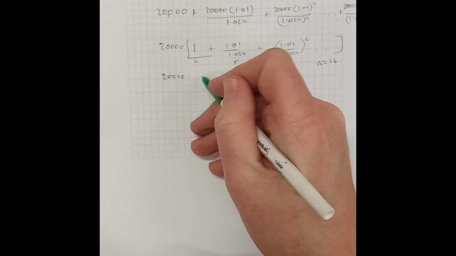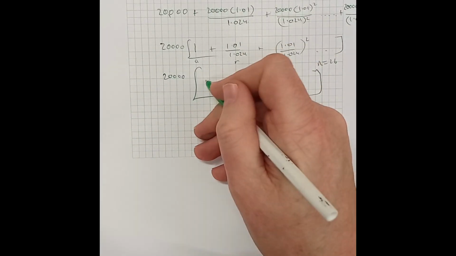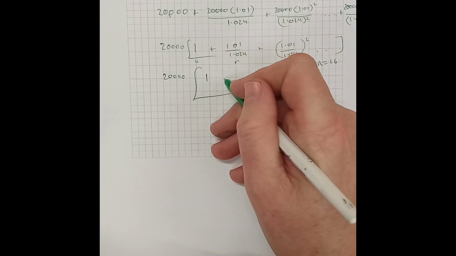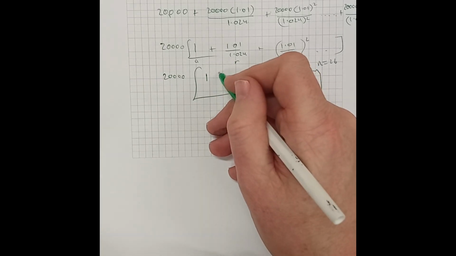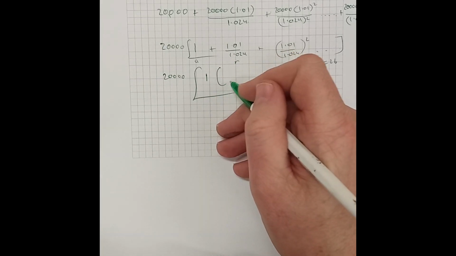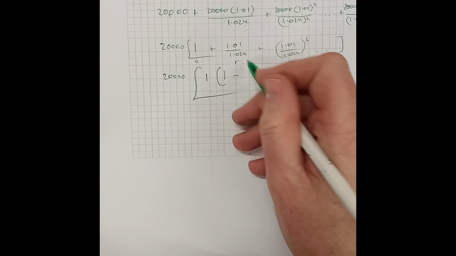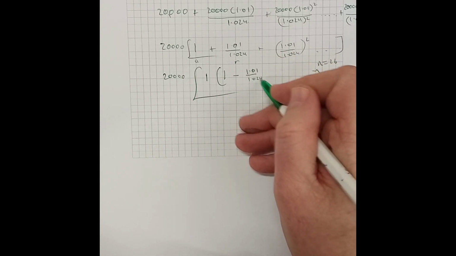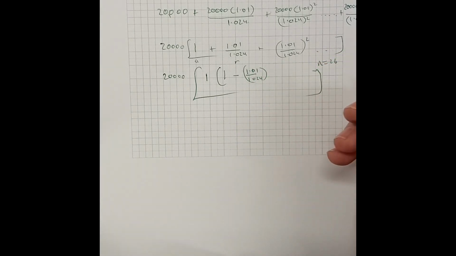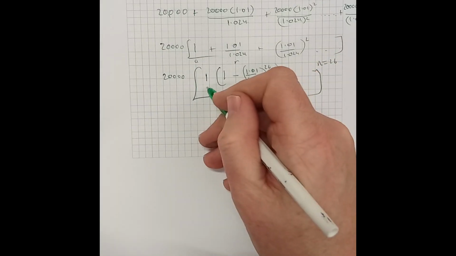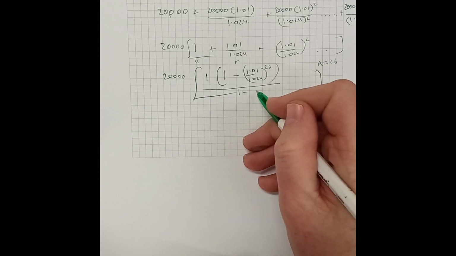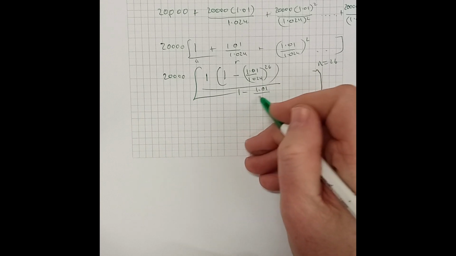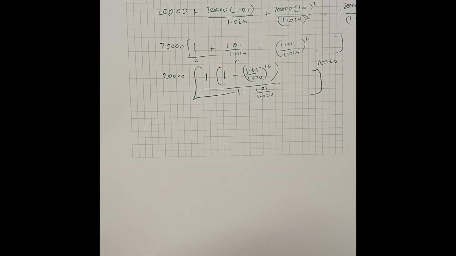So it's going to be 20 grand by 1 A bracket 1 minus R to the N, power of 26, all over 1 minus R. Right.